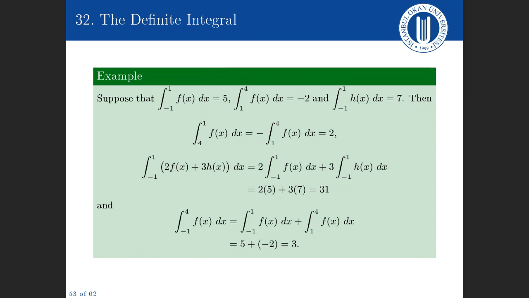And then finally, the integral from minus 1 to 4, we can split this up into two sub-intervals, the interval from minus 1 to 1 and the interval from 1 to 4. And we know these. The integral from minus 1 to 1 is 5, the integral from 1 to 4 is minus 2. 5 plus minus 2 is equal to 3.